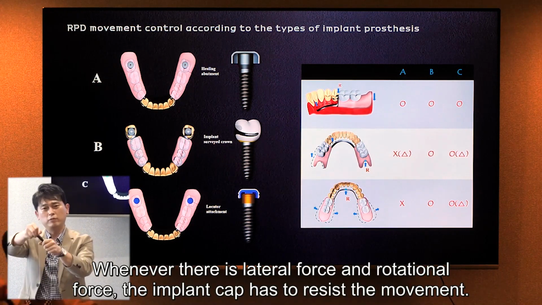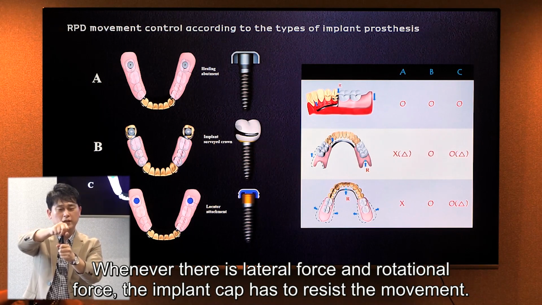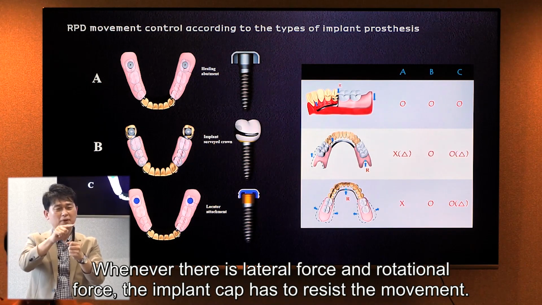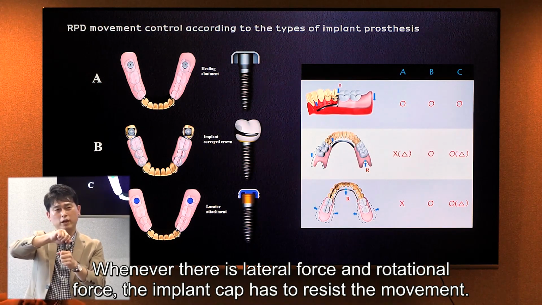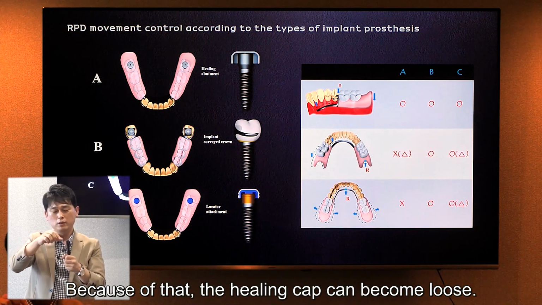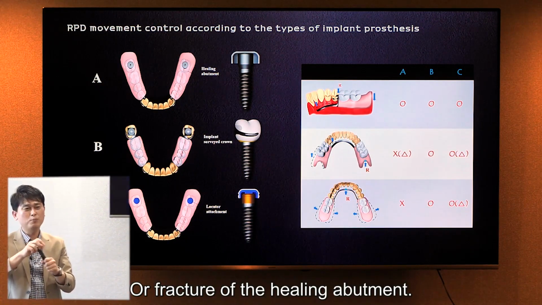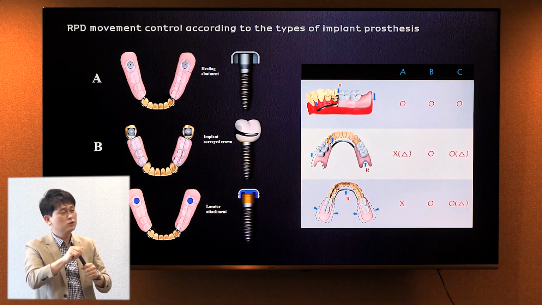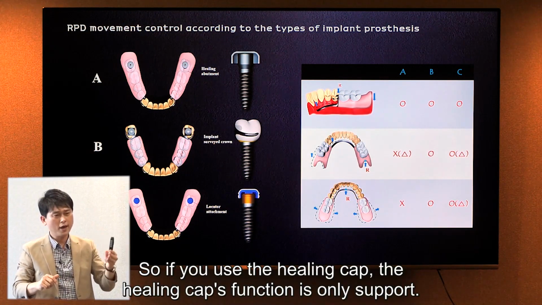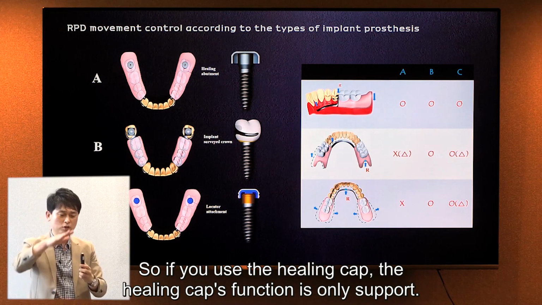For example, this is the implant, and the denture base holds the healing cap. Whenever there are lateral forces and rotational forces, the implant cap has to resist the rotational movement. Because of that, there is frequent healing abutment loosening or fracture. So if we use the healing cap, its function is only support.